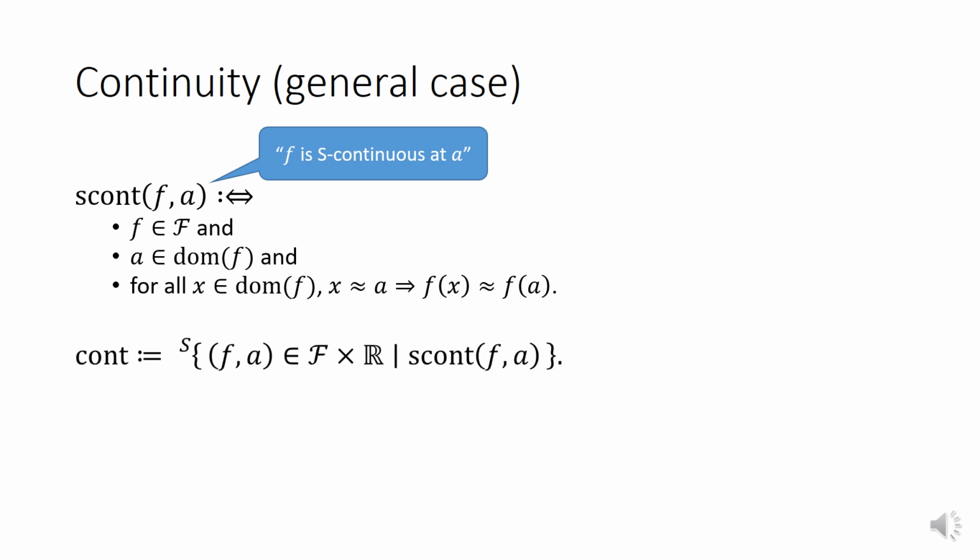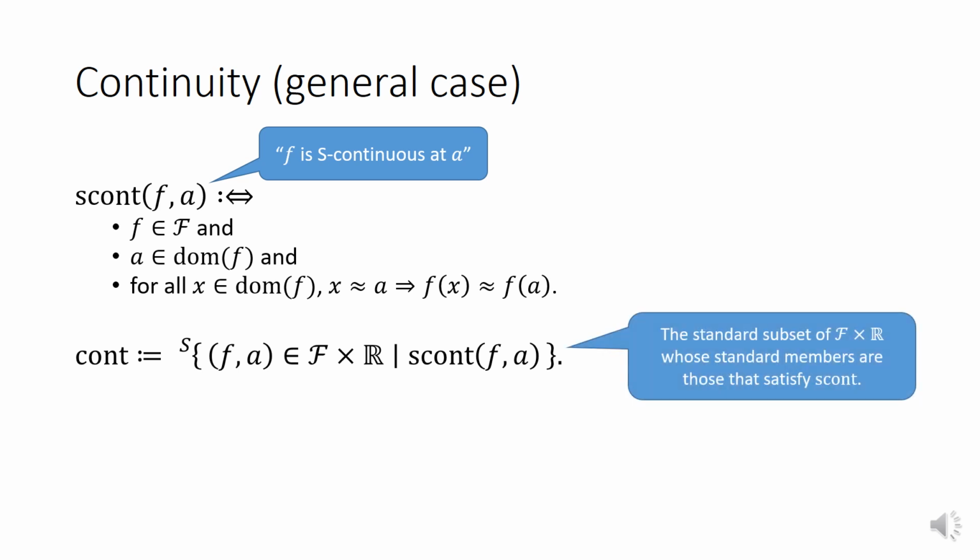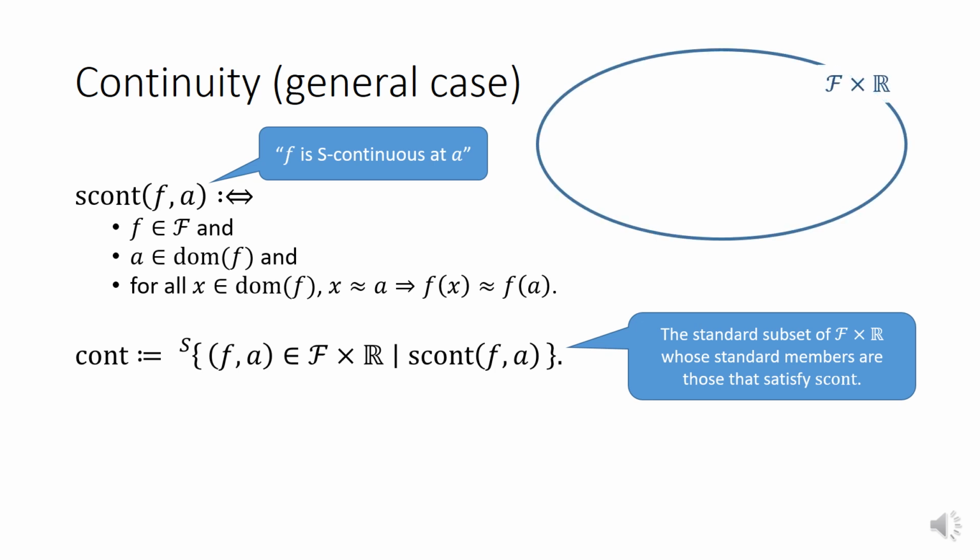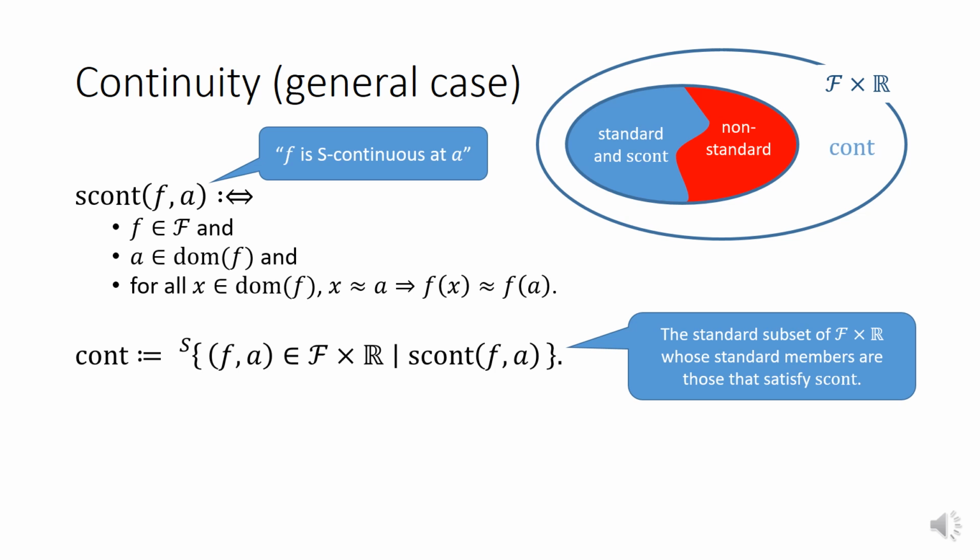Then we define cont as the standard subset of F cross R obtained by standardization with the predicate S-cont. That is, as the standard subset of F cross R whose standard members are those that satisfy S-cont. We illustrate this in a diagram. The standard members of the set F cross R that satisfy S-cont are completed by standardization to form a standard set.